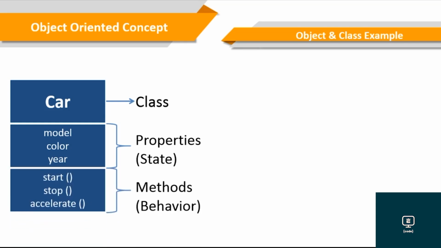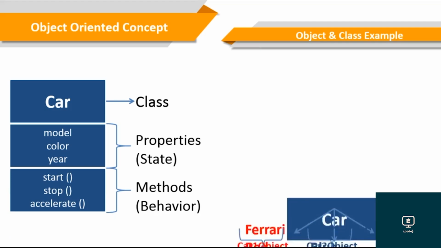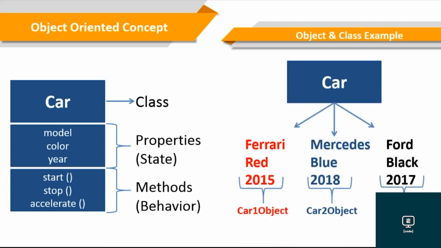Start, stop, and accelerate. Now, as you can see on the slide, for different values of properties, model, color, year, in the class car, we will get different car objects. So in our example, we have one class, but we also have three objects. Cool.